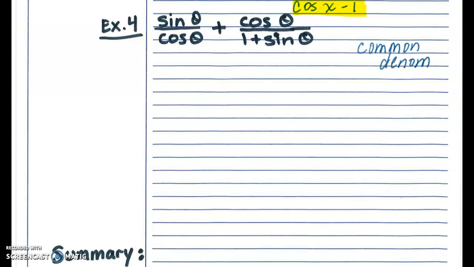And I found it's always a good practice if you write it as one fraction when you're doing this. So remember, to make a common denominator, you take one of everything. So that means I'm going to take a cosine theta, and I'm going to take a 1 plus sine theta.